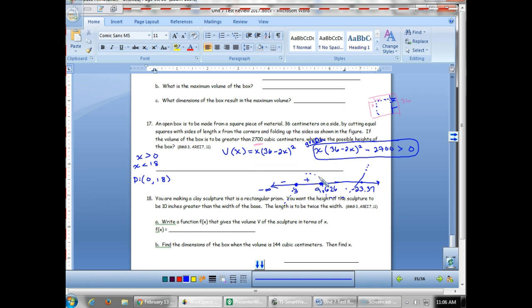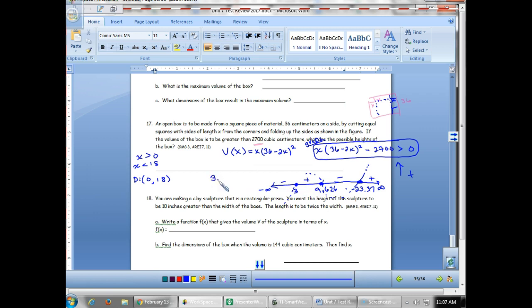So then I have a positive, and a negative, and then a positive. What am I looking for here, negatives or positives? Yes, I'm looking for my positives. Only, not equal to 0 and not negative. So I'm looking for this region in here.